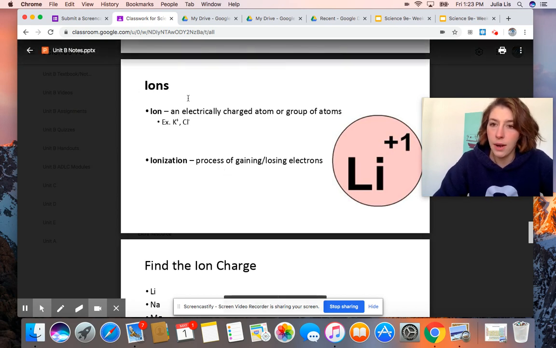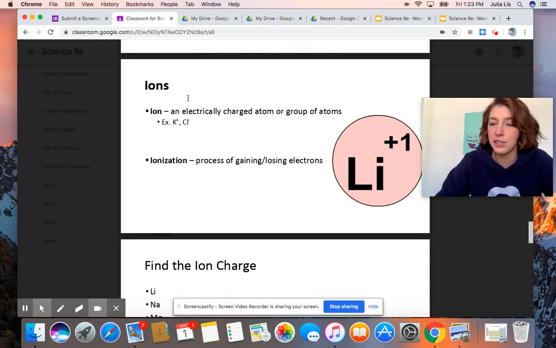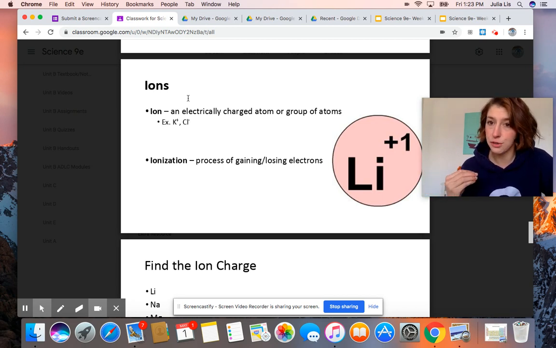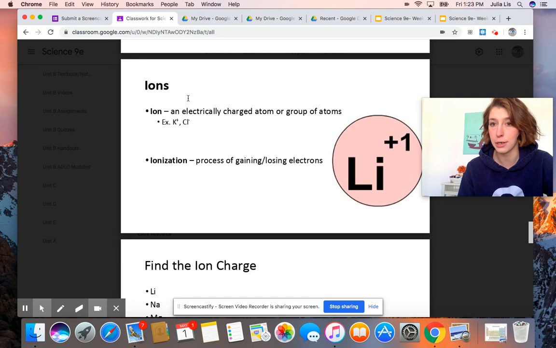So what an ion is, is a charged atom. A charge is either positively charged or negatively charged. When we have atoms, they can be either positively charged or negatively charged, meaning they've either gained an electron and they're more negatively charged, or they've lost an electron and they're more positively charged.